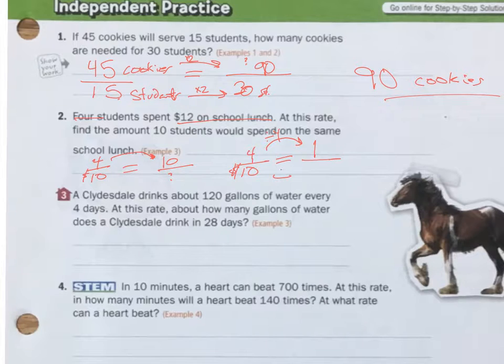So now I divide this by 4, and I'm going to use my calculator. 10 divided by 4 equals $2.50. So one person at that rate is spending $2.50 on lunch. Now, I want to see what 10 students would be.